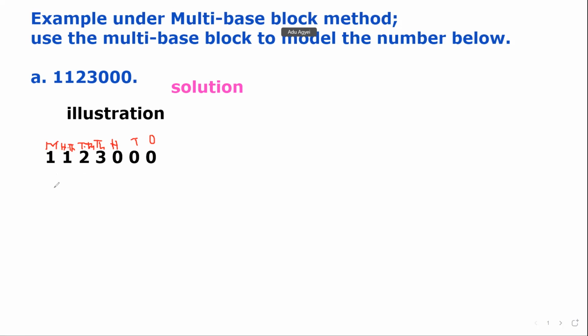The real values are obtained by multiplying the face value, which is the digit, by the place value, which is the position the digit occupies. So the real value for this one here will be 1 million.